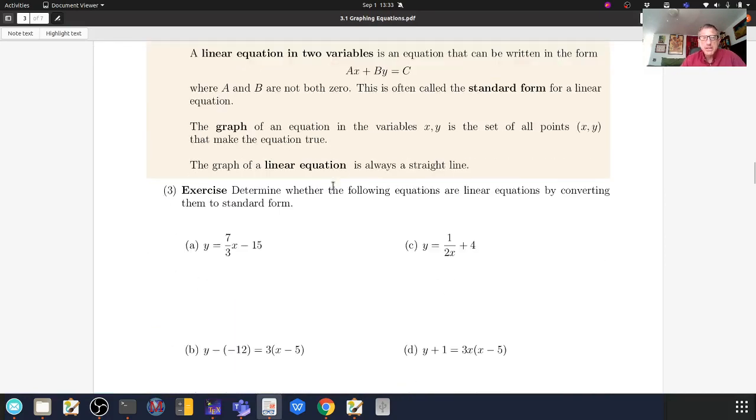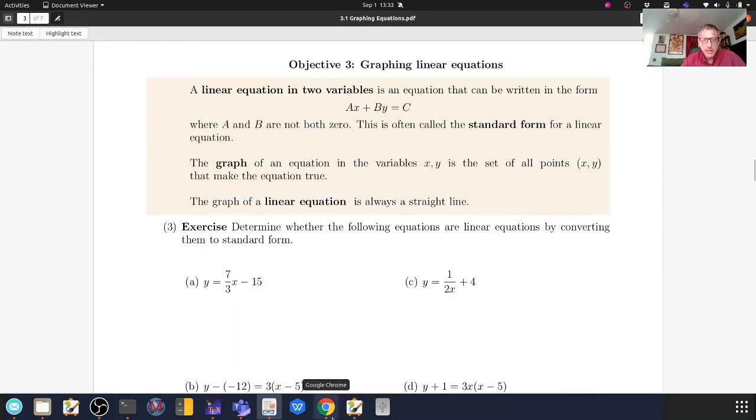So now let's introduce formally the main object of our study in all of Chapter 3. It's a linear equation in two variables. So it's an equation that can be written in the form ax plus by is equal to c, where a and b are not both 0.